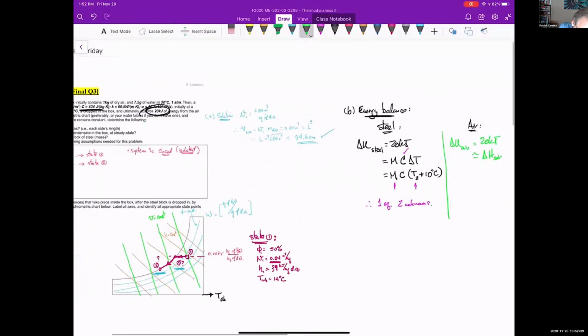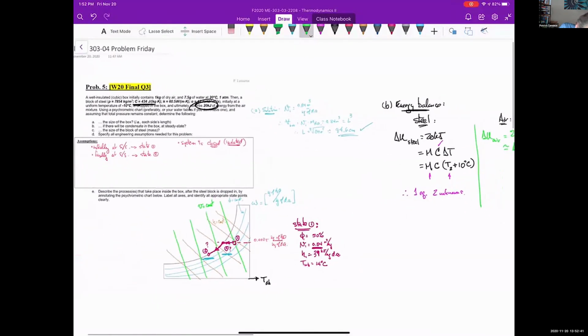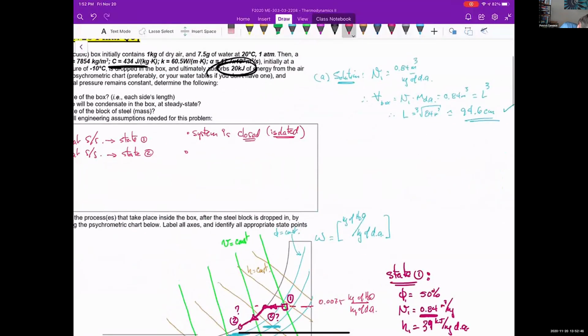And we should put that down as one of our assumptions here, because that's not exactly correct. Change in internal energy of the air is approximately equal to the change in enthalpy of the air, since P is constant and V is not changing that much.